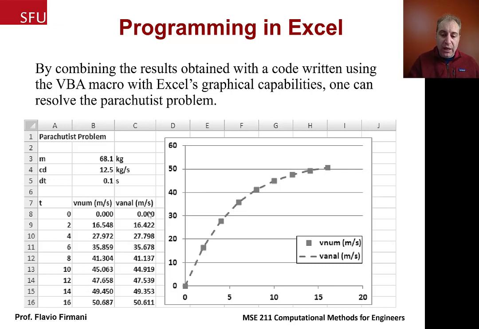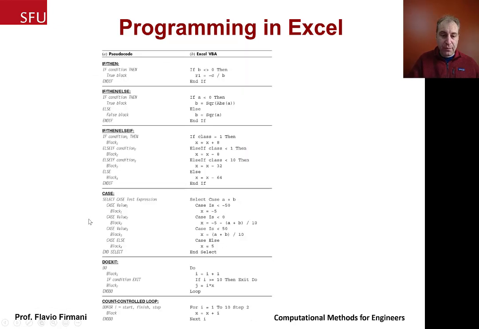Once you evaluate them, you can also plot the two graphs. Here the dashed line represents the analytical solution, whereas just the boxes represent the different values of the numerical solution.